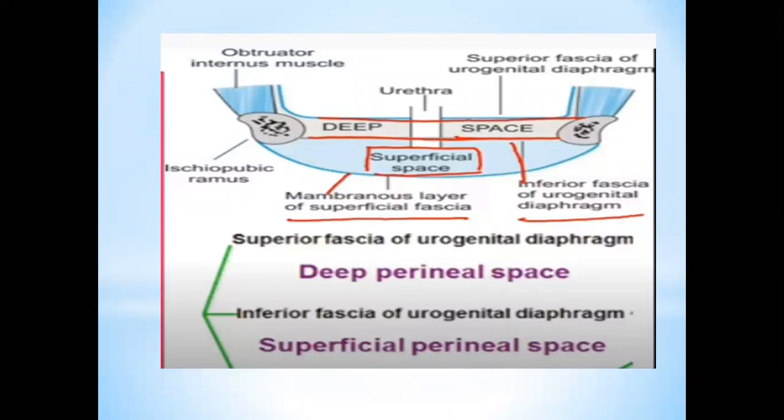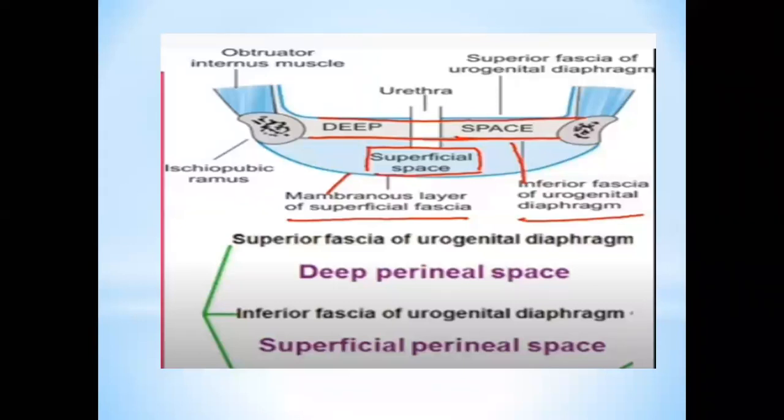In contrast, in females, we find the clitoris. The muscles present in males are the bulbospongiosus and ischiocavernosus, and the same muscles are present in females.